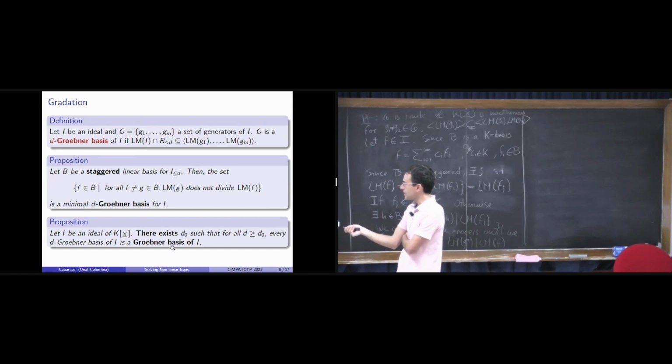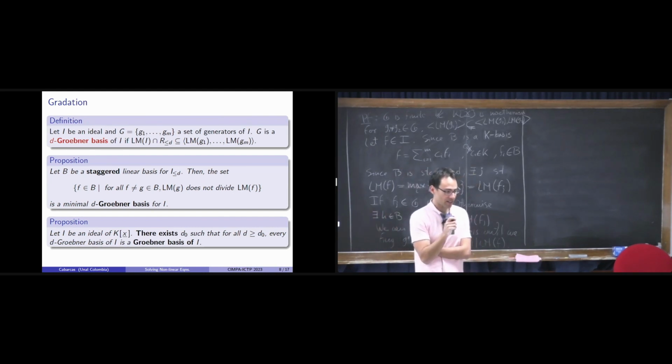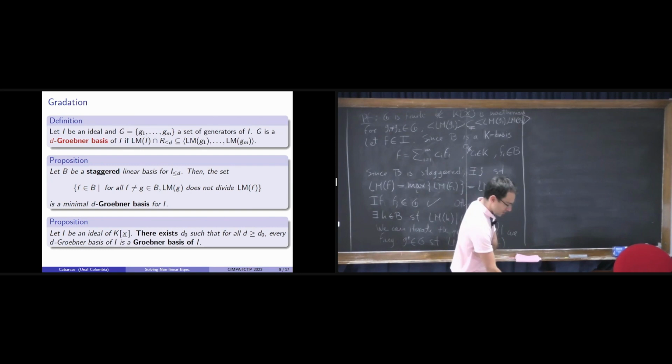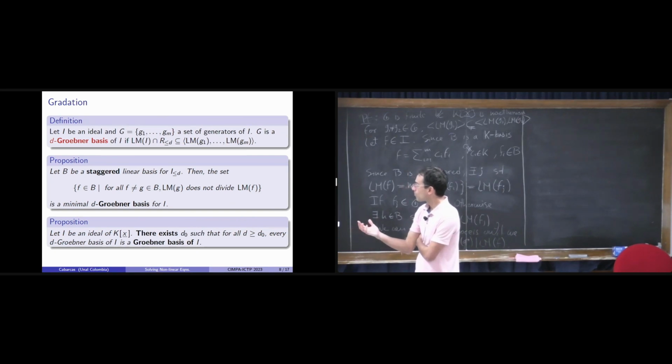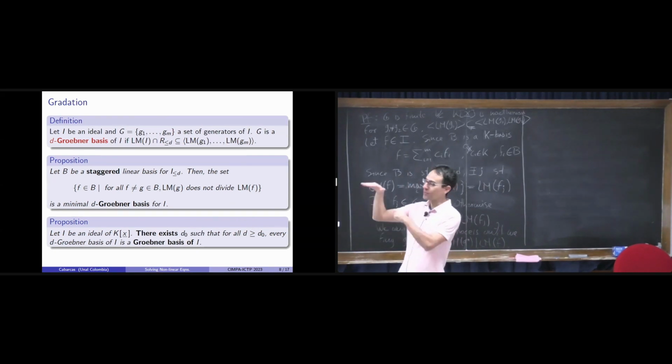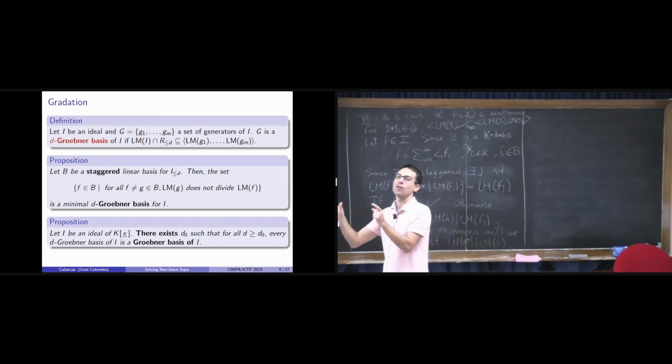There exists a degree D sub 0 such that for every D larger or equal to D0, every D Groebner basis of I is a Groebner basis of I. In other words, there's a degree at which a D Groebner basis is a Groebner basis.